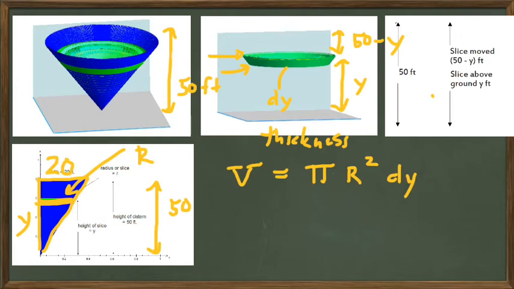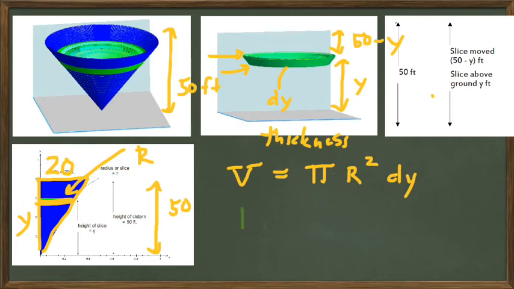And so the ratio of the corresponding sides of the similar triangles, right? The big triangle right here is a similar triangle to this triangle right here.